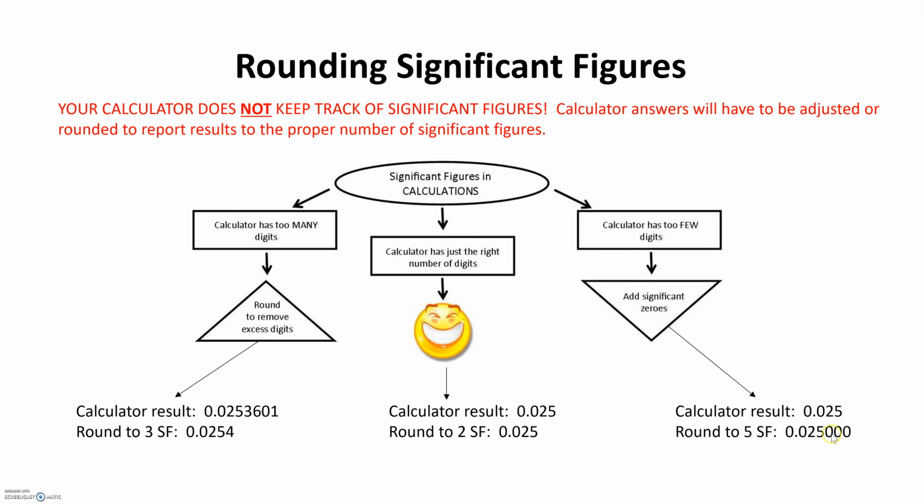So we have to add in something that's not going to change the actual value of the number, but it is going to add some significant digits. So we put those zeros at the end. Remember, with the decimal point, these zeros are significant, but they're not changing the value of our result. So 0.025000. We would have to add those in to correctly report our answer.